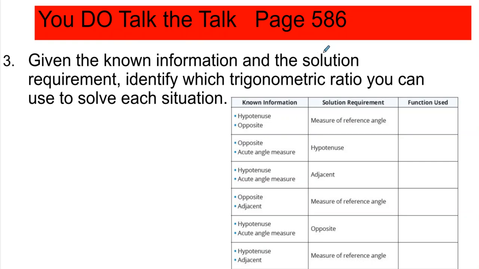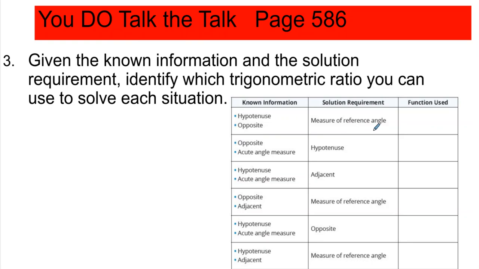Okay, so for the check-in, I want you to do the talk on page 586. You're going to look at this table and decide what function I would use if I was trying to find an angle and knowing these two sides.